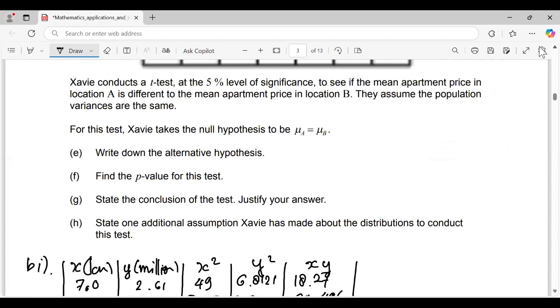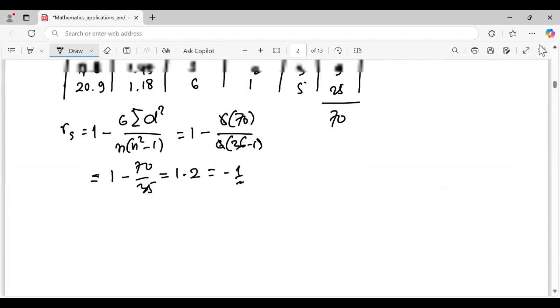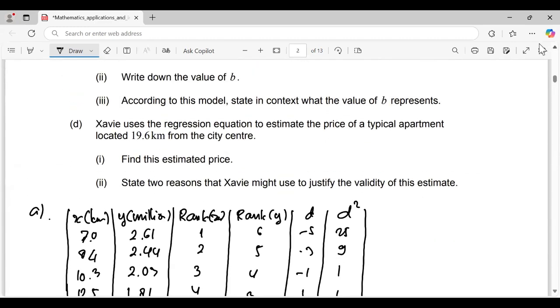Part two. State two reasons that Safi might use to justify the validity of this estimate.